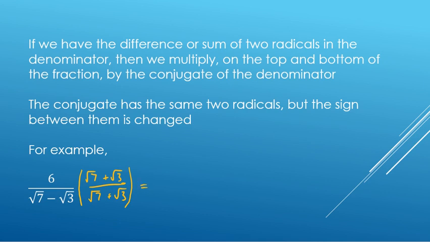When we multiply on the top and bottom by the conjugate of the bottom, on the bottom we're really creating a difference of two perfect squares.